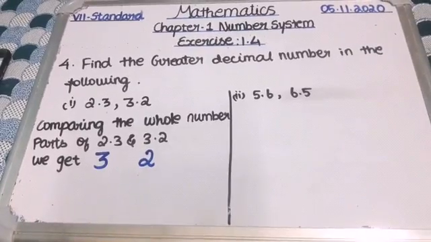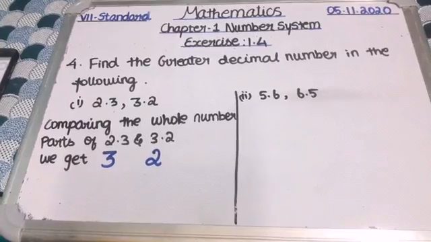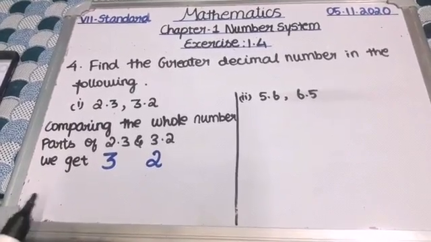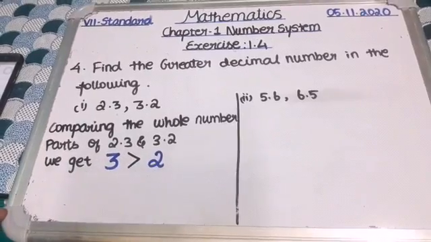Now when comparing the whole numbers, which is greater, 3 or 2? 3 is greater than 2.